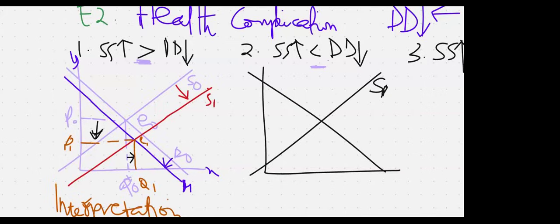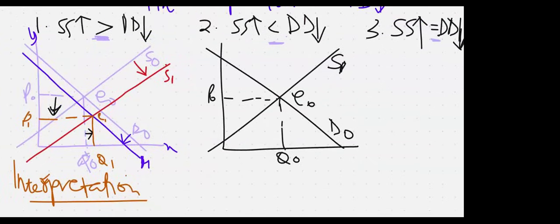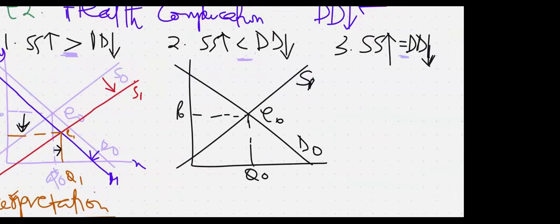D0. Then equilibrium E0. All right. And it says what? Demand had a greater impact than supply, or supply has a lesser impact compared to demand.